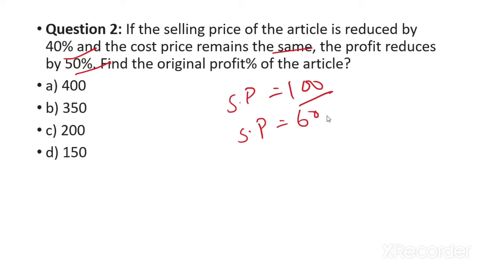Means what does it mean? पहले है 100 selling price, अब है 60. प्रॉफिट कम हो रहा है 50%.